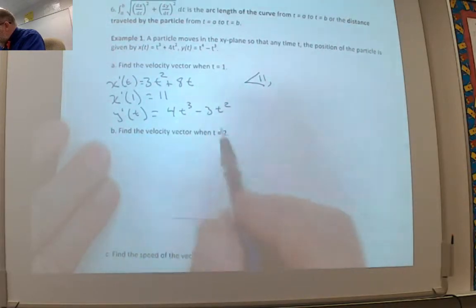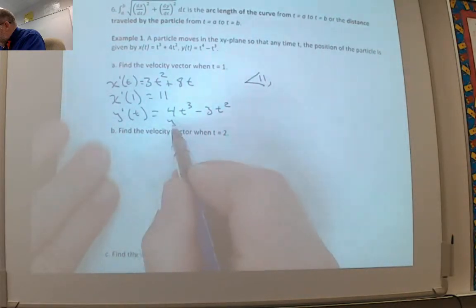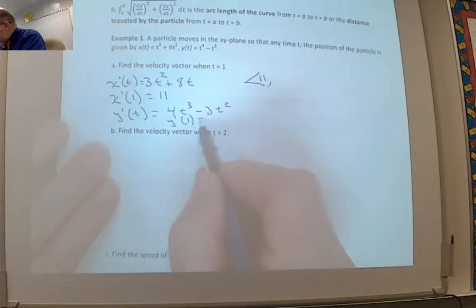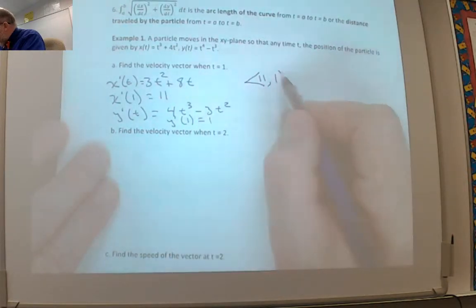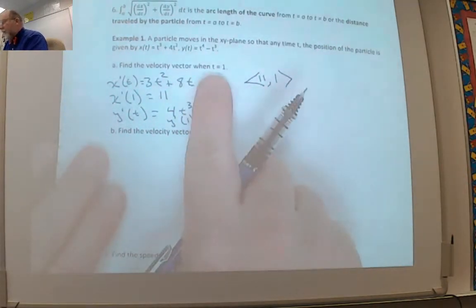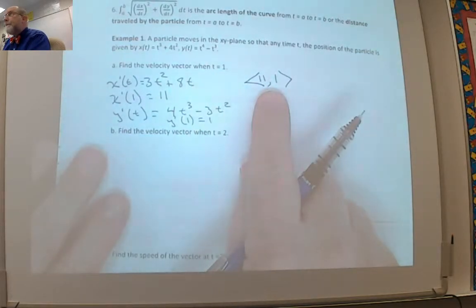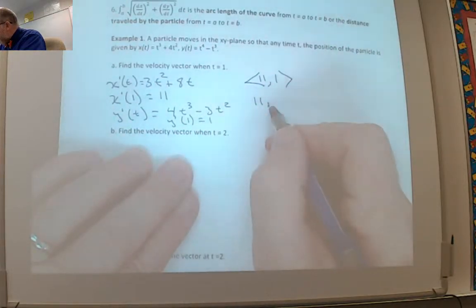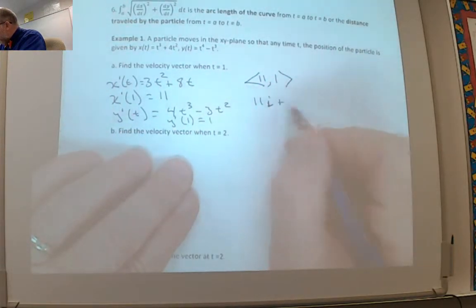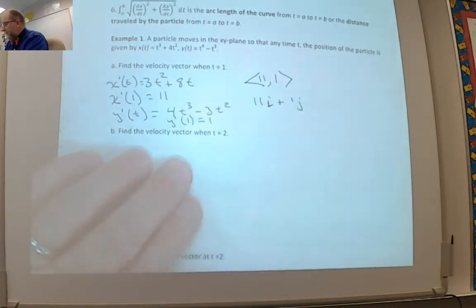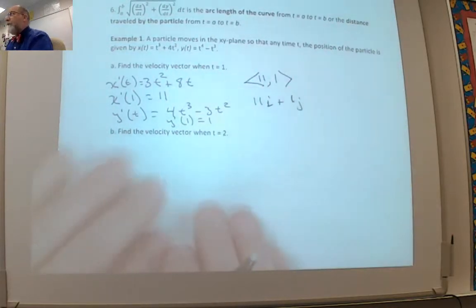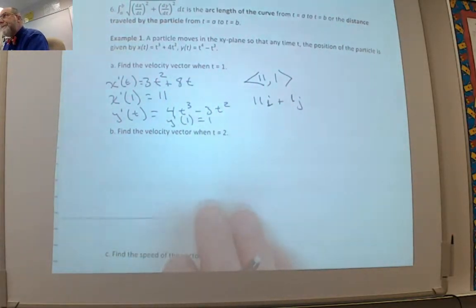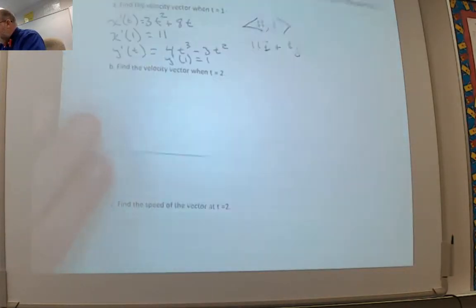So my velocity vector when t equals 1 is this. That's an AP question. Or it could be written like this, if you can make your i's and j's correct. What about when t equals 2?